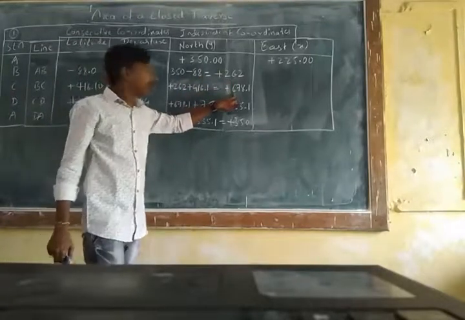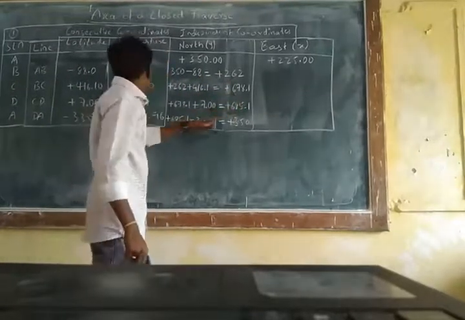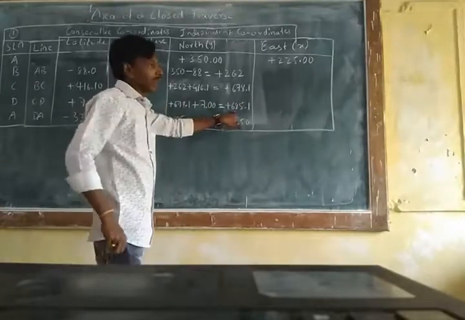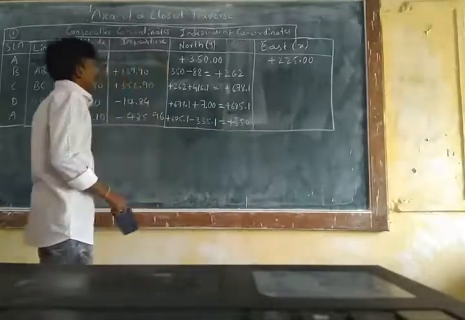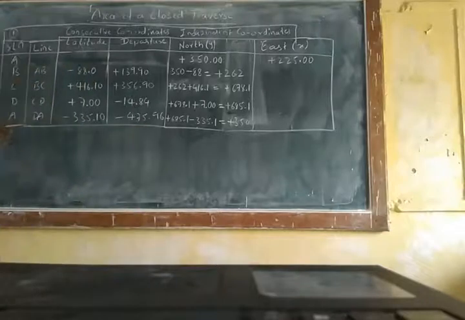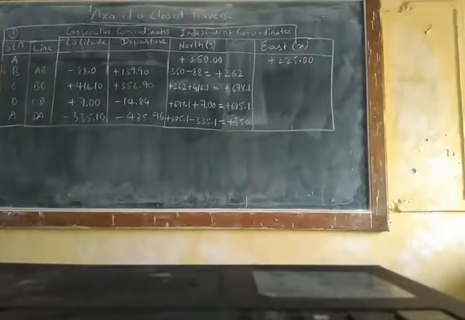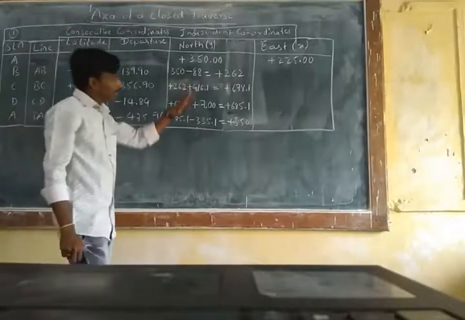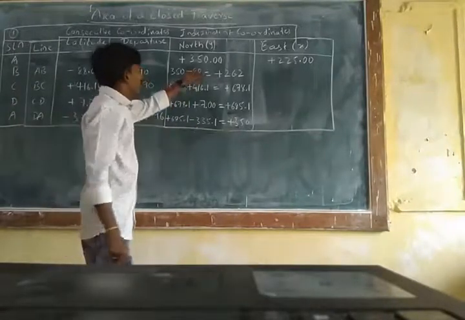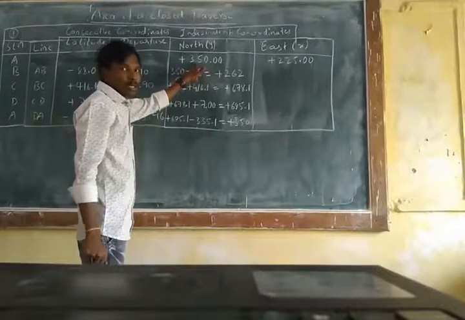For the C point we got 678.1, and for the D station we got 685.1. So again we are moving back to the station A. If the assumed independent coordinate is 350, then when we come back, the A station must have the same coordinates, right? So look at here. After calculating, we are getting the same number that we assumed previously.